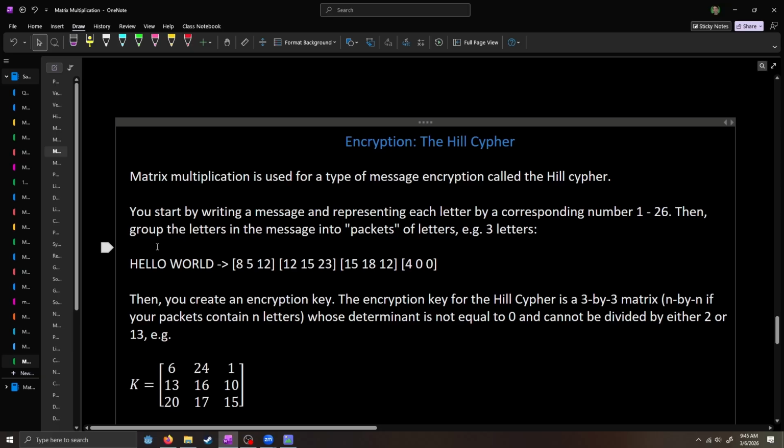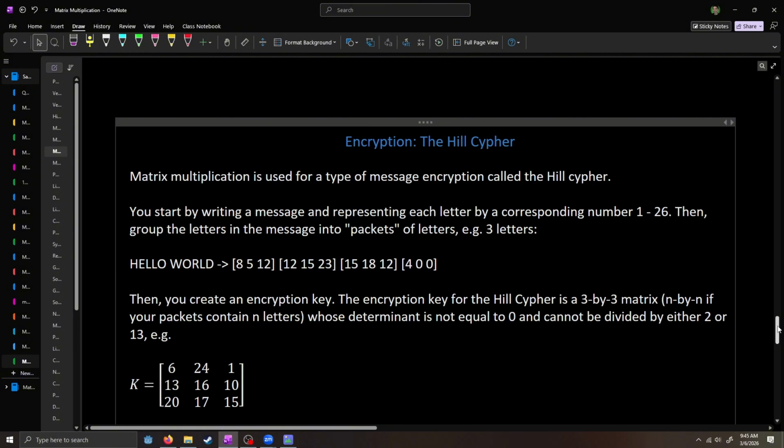The next letters LOW would become the packet 121523. The message ORL would become the packet 151812. And then finally the letter D would become 4. And then that's the end of the message. So we would fill up the rest of the packet with 0.